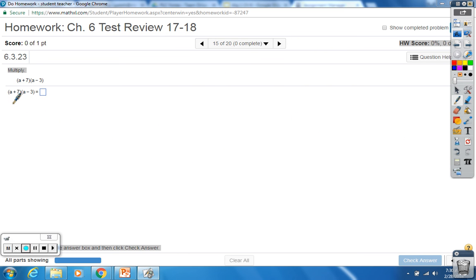Yeah, so in this one here, we'll have to do FOIL, so we're going to have to distribute that a to everything there, and also distribute the 7 to everything in that second parentheses there. Alright, and I'm just going to erase that just so it's easier to see. So we'll have a times a.